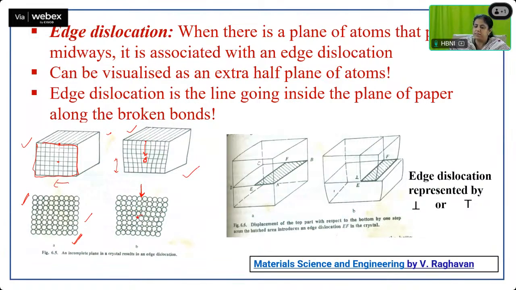Another way to visualize this, you look at this. Okay, so what happens is, you have this cube. Now imagine that you have divided this cube into two halves along this plane A, B, C and D. All right, now you put your hand on the top surface of this cube and try to push it in this direction, keeping in mind that whatever movement happens, it does not go beyond this line.